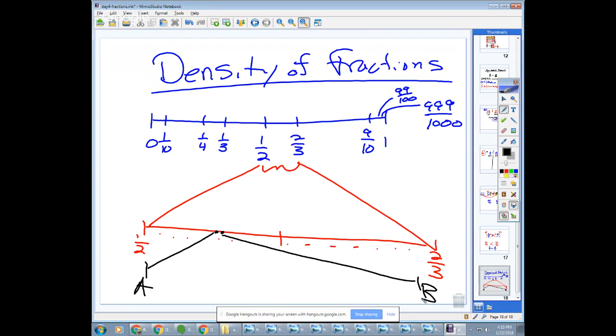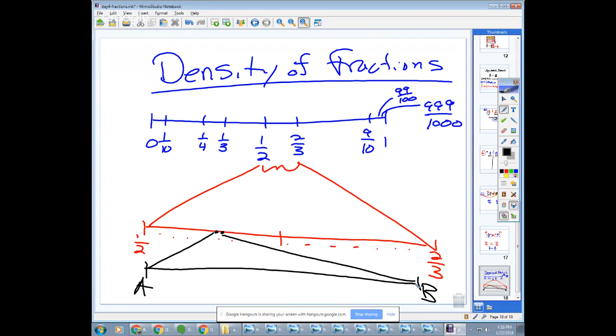Infinitely many. What? How can there be so many infinities living inside of each other? It's this weird idea. But there are. And that's the idea. Fractions are very densely packed together, because between any pair of fractions, there's a whole bunch of other ones. And we can try and find them.